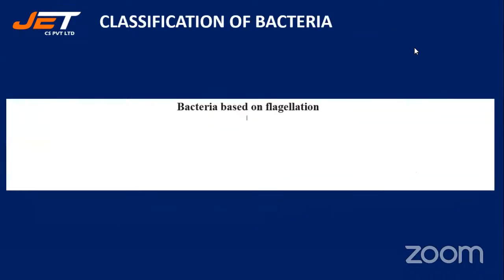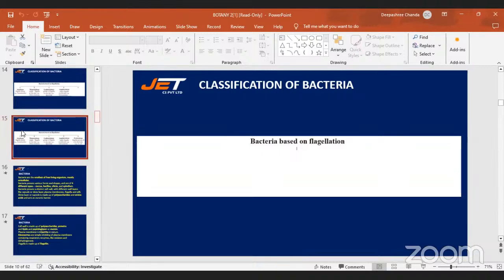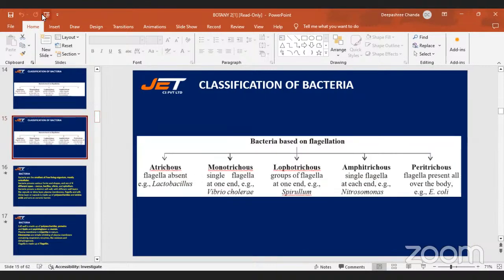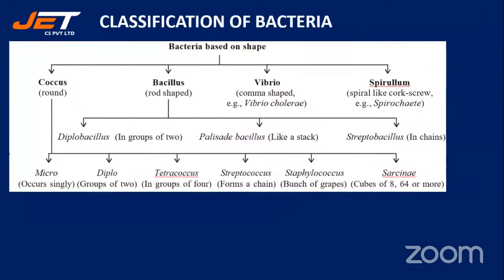And we have also learned about this chart in detail. So we learned about the different shapes of the bacteria like coccus, bacillus, vibrio, and spirillum. And we know that coccus is round, bacillus is rod shape, vibrio is comma, and spirillum is corkscrew shape.